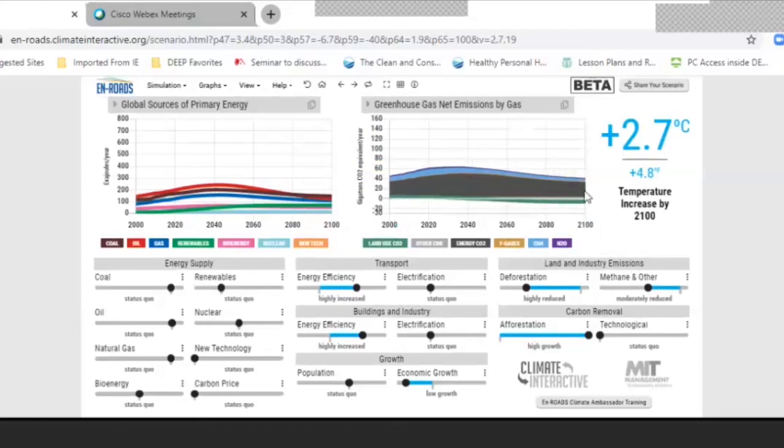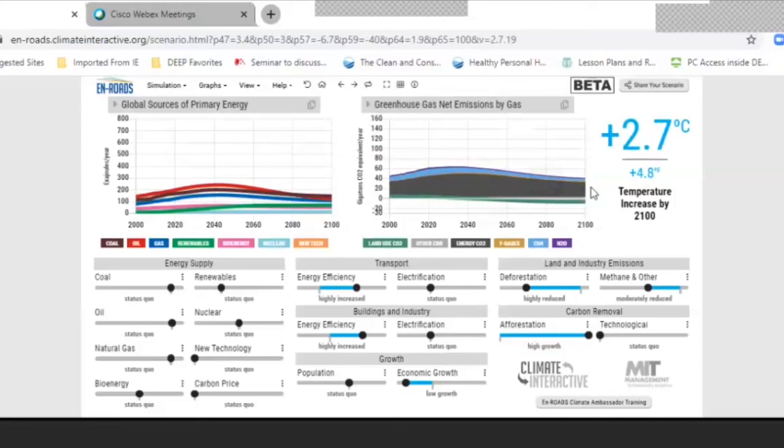So if we look at this type of graph and we watch what happens, you see that light blue line shrinks drastically. Now, methane is a very disruptive carbon gas, carbon emission. However, carbon dioxide is still the largest amount emitted.